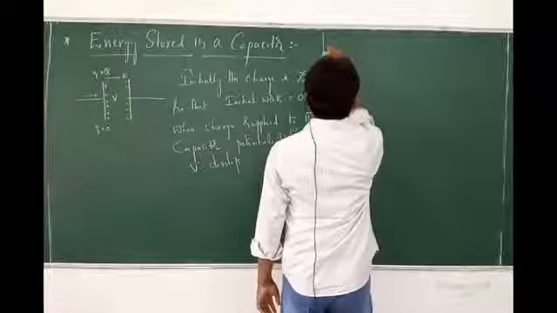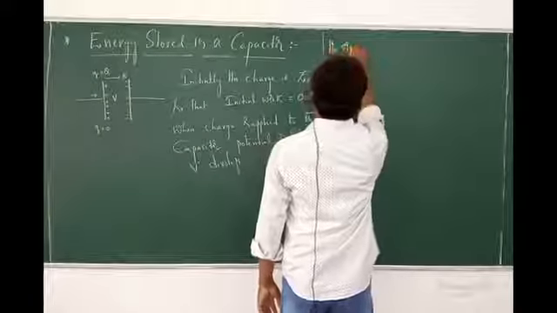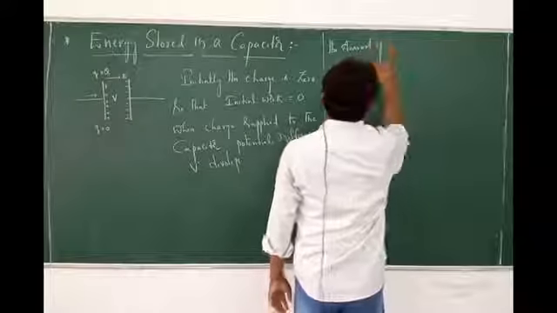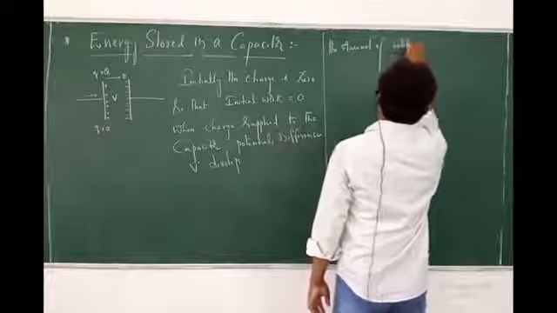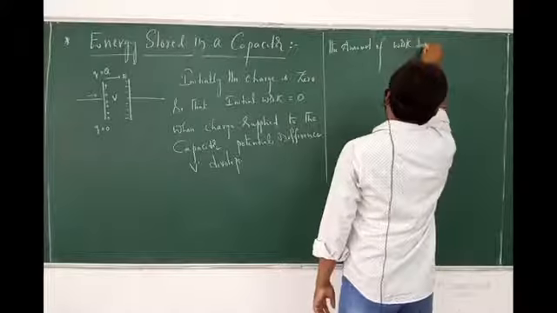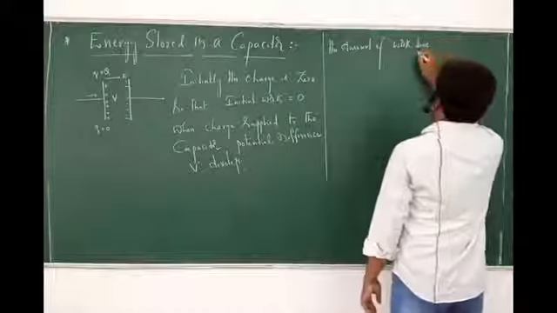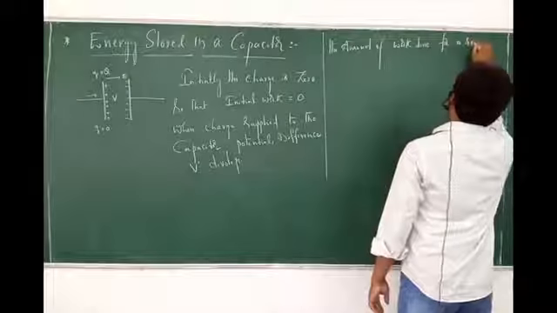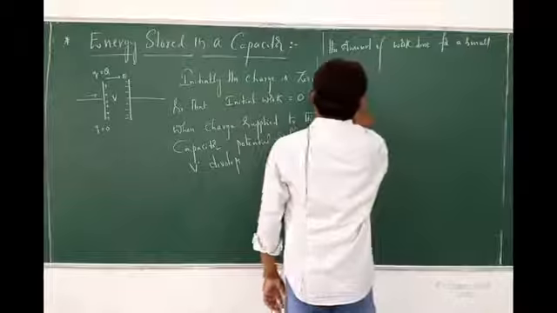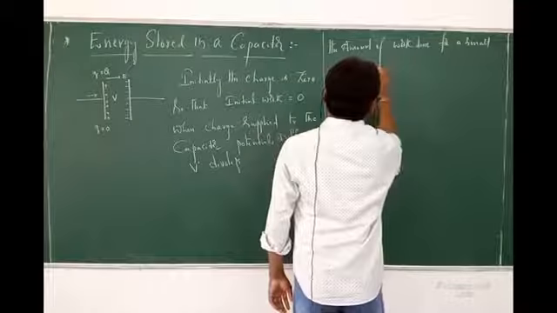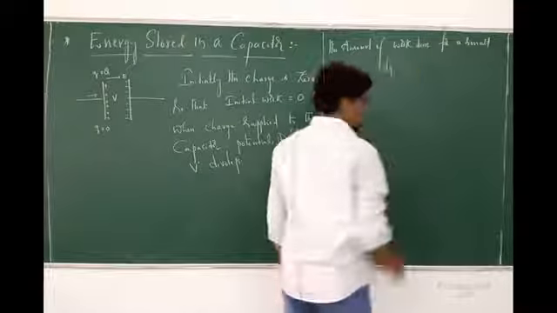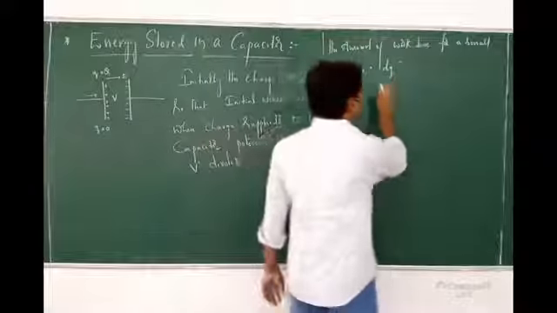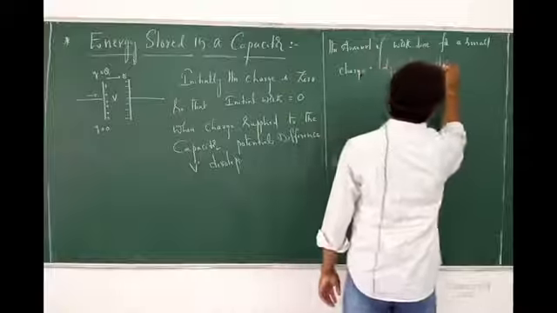As per the potential definition, the amount of work done for a small charge, how much can I take? dq. For a small charge dq, the work done is dw.